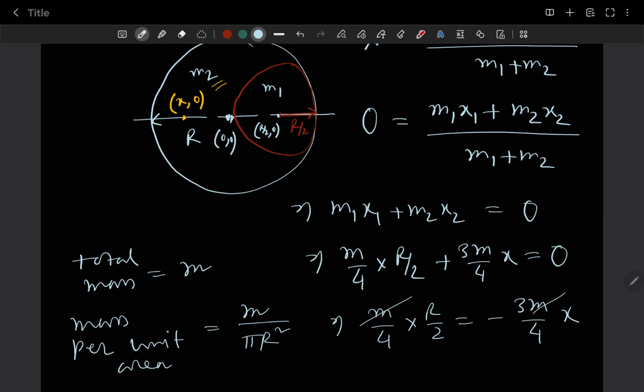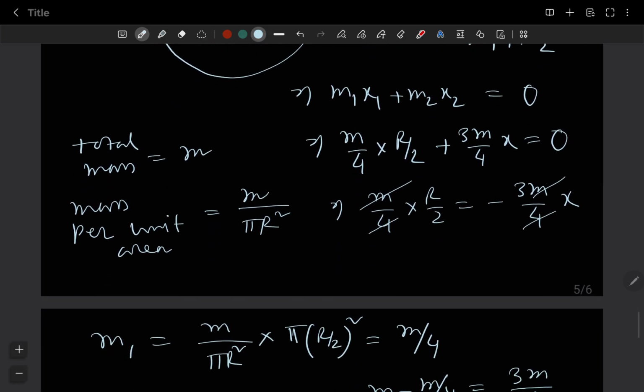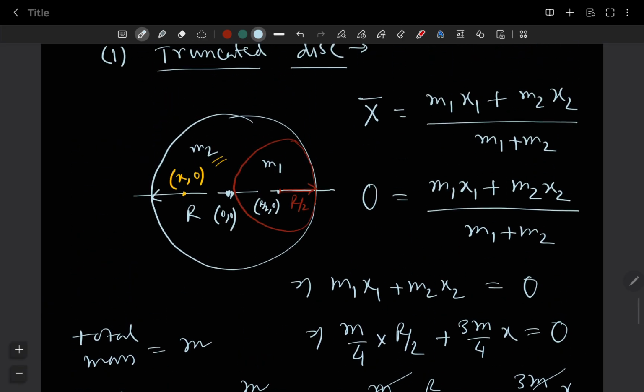So m cancels out, 4 cancels out, so x equals minus r by 6, 3 into 2 is 6. So the center of mass of the rest of the disk lies at minus r by 6, 0.